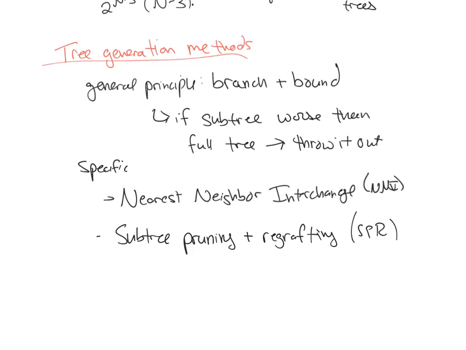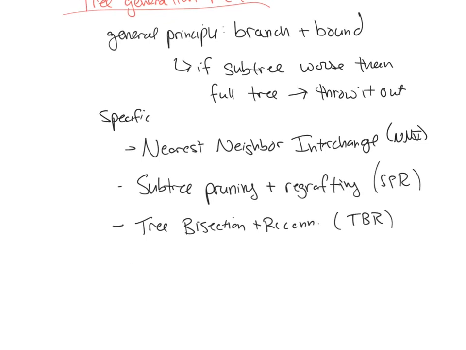This is where you take a whole subtree, grab it off of the tree, and put it somewhere else. And you get a new tree. The next one is tree bisection and reconnection, TBR. It's the same thing, but you cut the tree in half and flip it. So these are some things we can do to generate new trees. Questions?